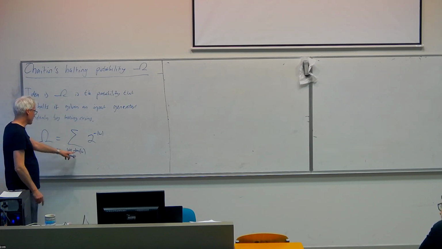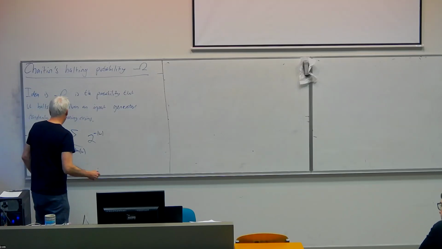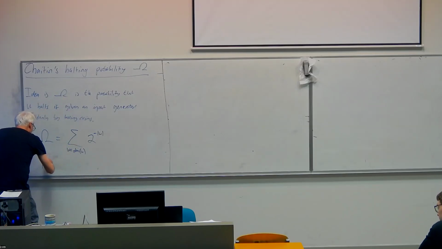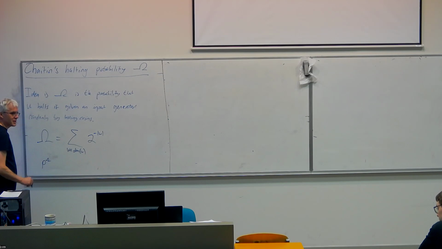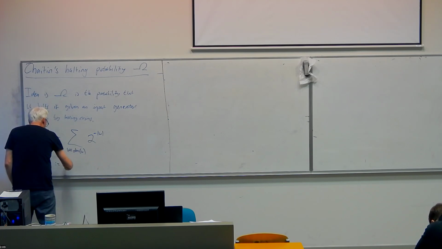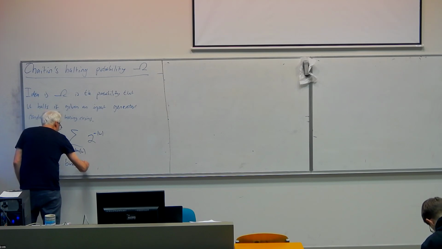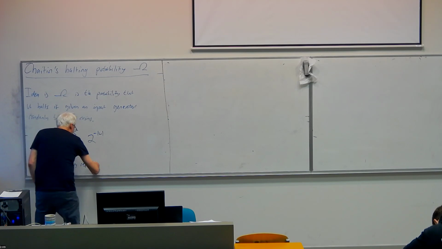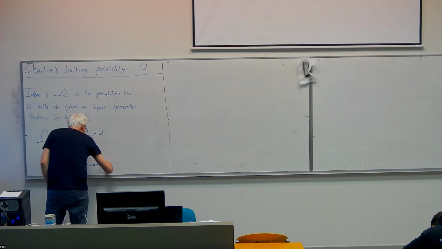Oh, the bits. Well, there's just a number here, but then P of omega, as I'm going to call it, is an infinite sequence of zeros and ones. So this is just going to be the binary representation of omega.